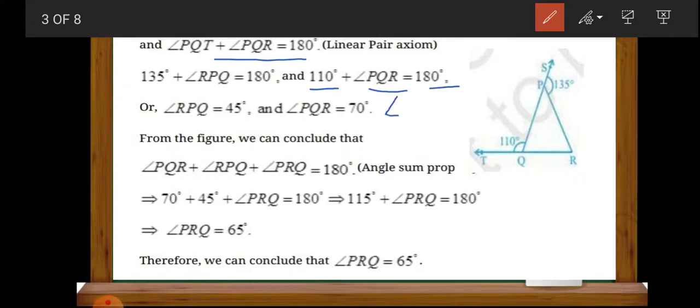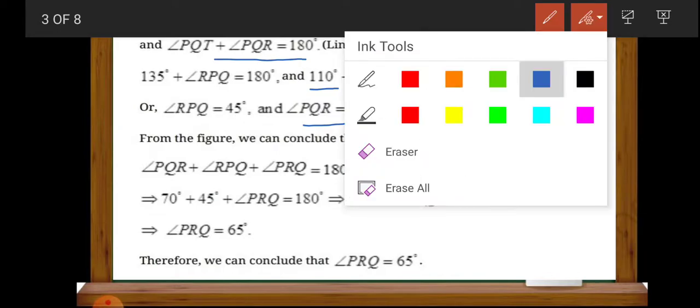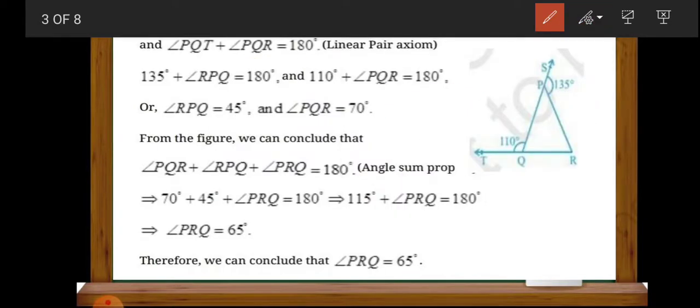So angle PQR is equal to 180 minus 110 degrees, which is equal to 70 degrees. So the value of angle PQR is equal to 70 degrees and the value of angle RPQ is equal to 45 degrees.